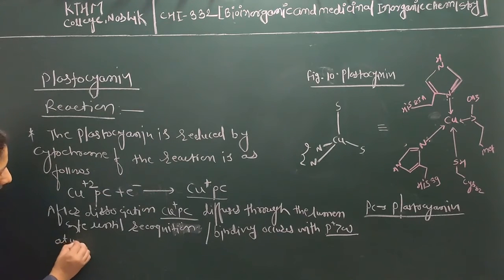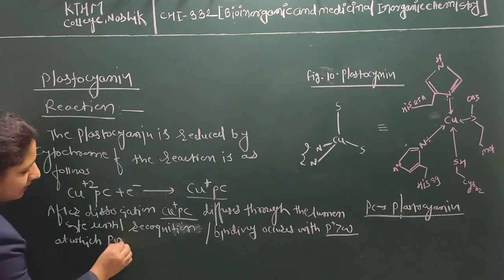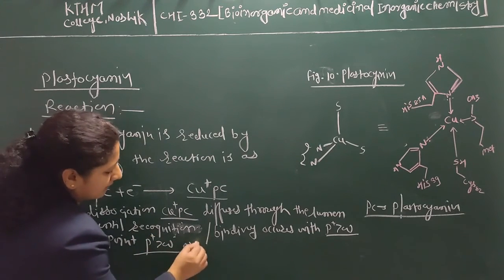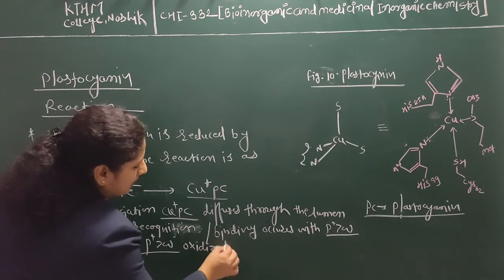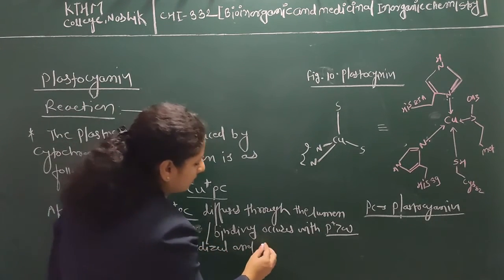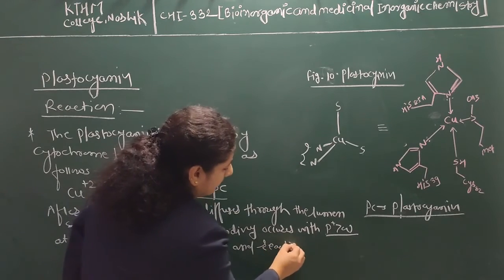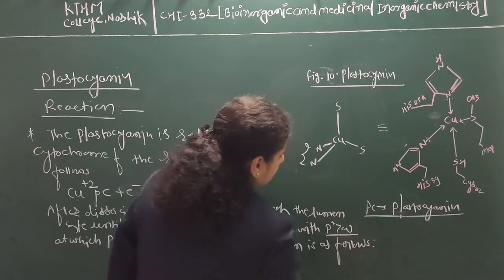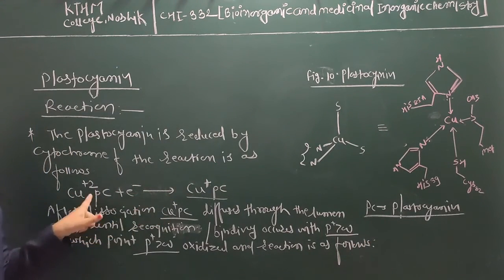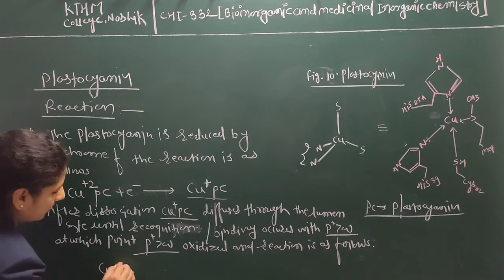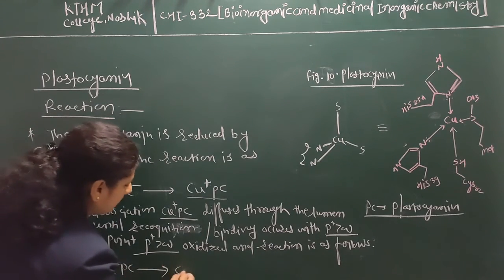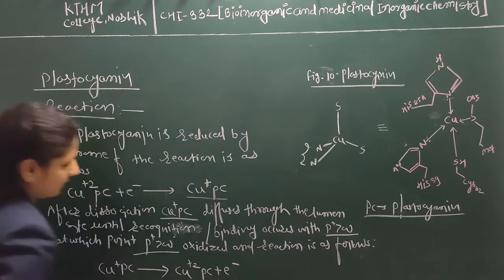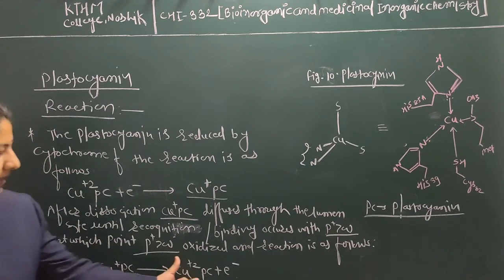At which point this plastocyanin is oxidized, and according to that the reaction is as follows. Here again the same reverse reactions happen. So the overall reaction is like that.